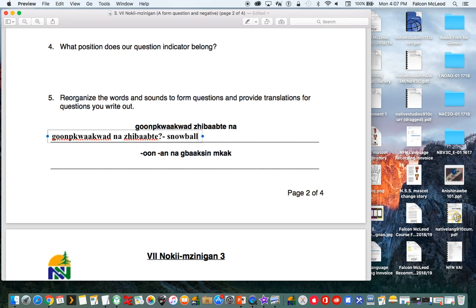Na, question, jabopte, it is rolling. So because this is a question, we have to rearrange our English to make it a question. Is the snowball rolling? All right. So that's how you do this section here.